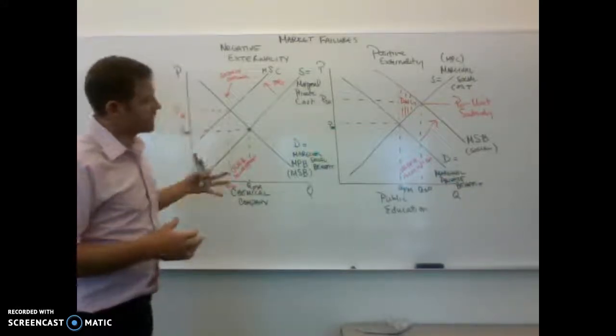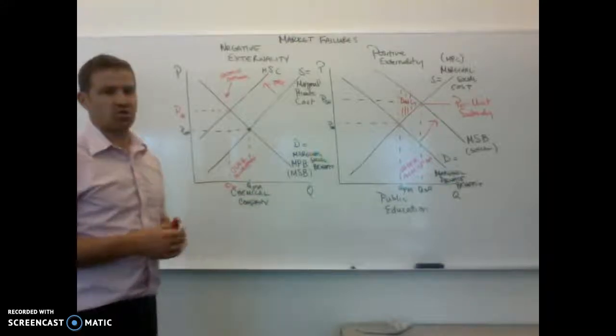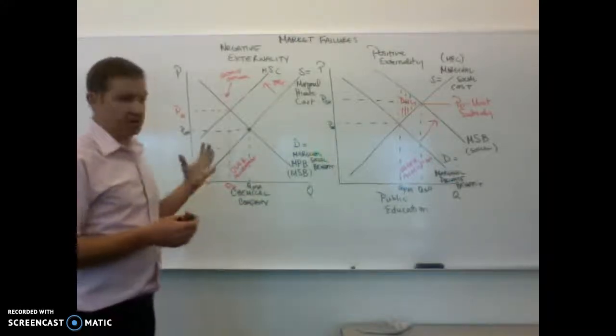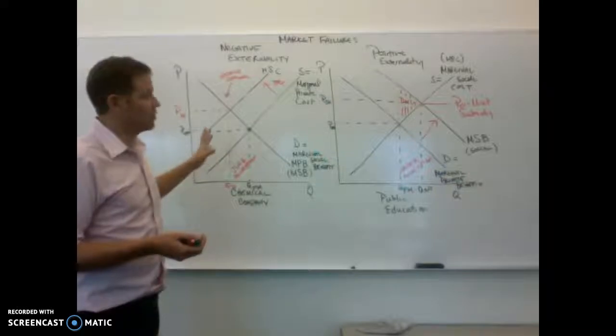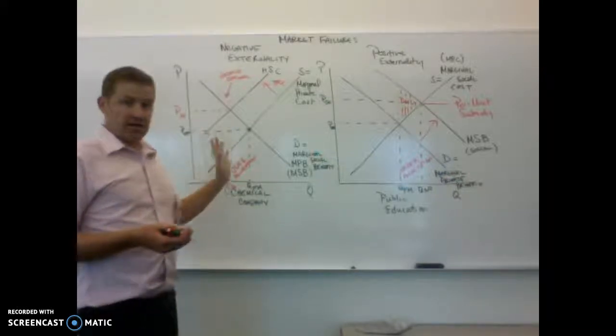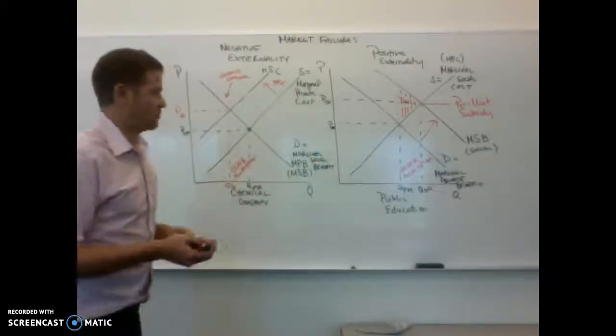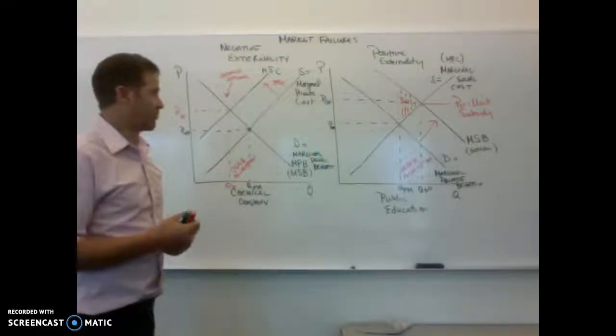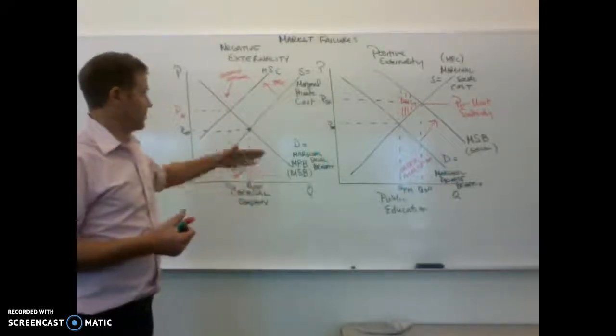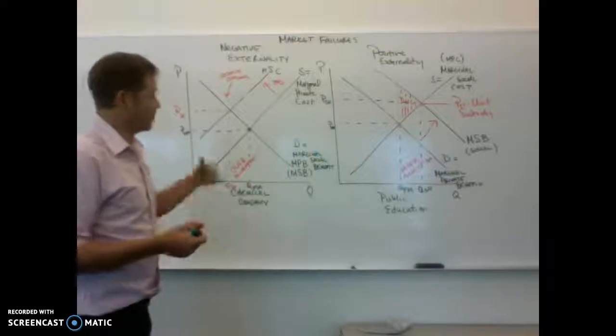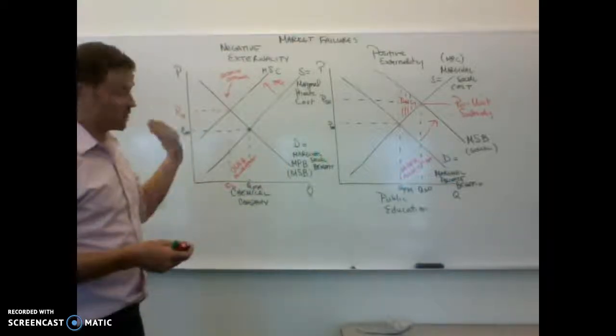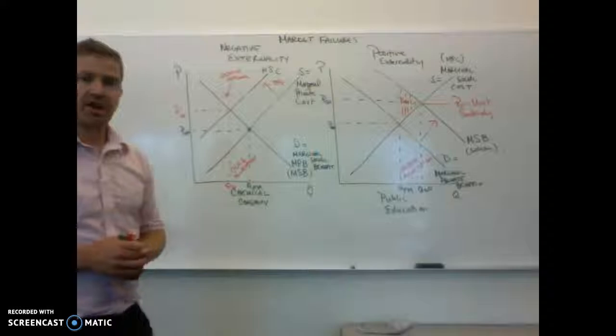And I really like this because this really can tell a story about how you can use the government to sort of get closer to what we think is socially optimal, right? By either taxing, subsidizing, or setting price floors and price ceilings, which we could also do in this situation. All right, hope this helps.